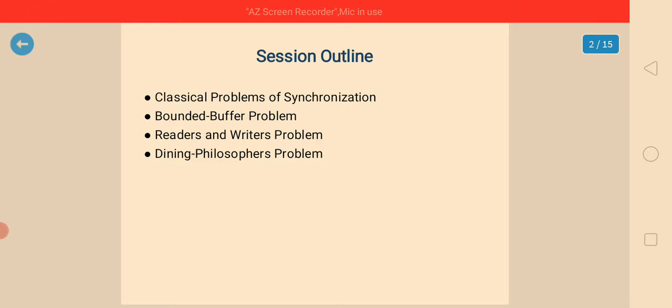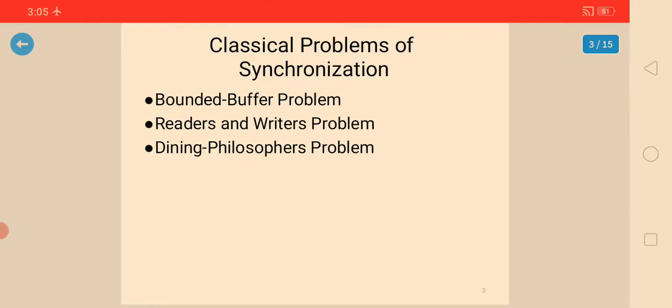Next, we are going to see what the classical problem of synchronization is. The classical problem of synchronization is the process of synchronization in systems where cooperating processes are present.